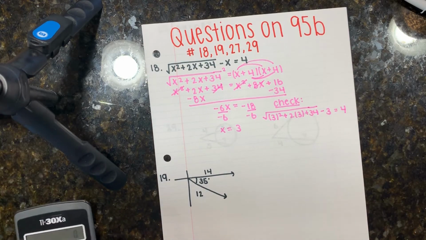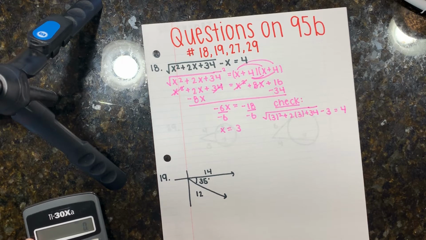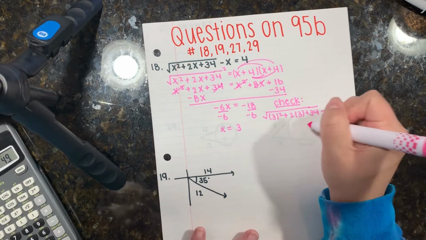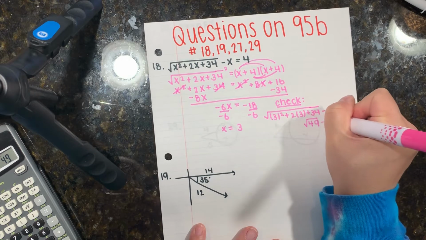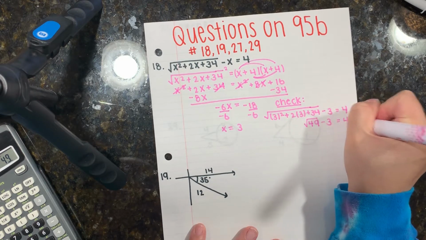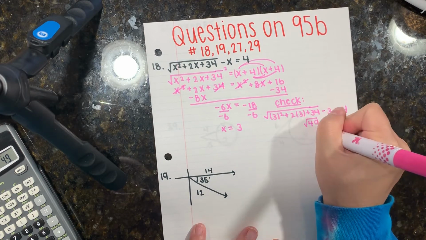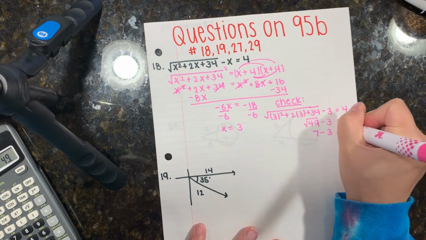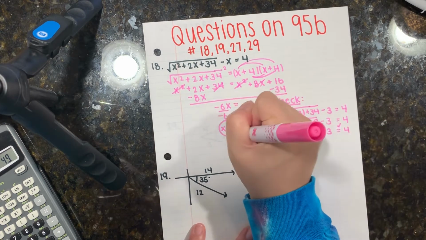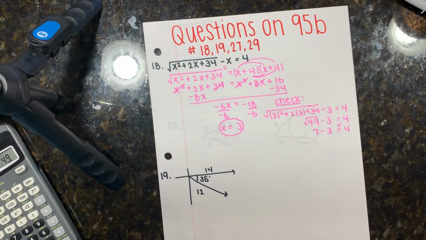So in that square root, you're going to have 3 times 3, which is 9, plus 6, because 2 times 3 is 6, plus 34, and that would give you the square root of 49. Minus 3 equals 4. Square root of 49 is 7, so 7 minus 3 does equal 4. So therefore your answer is going to be that x is equal to 3.